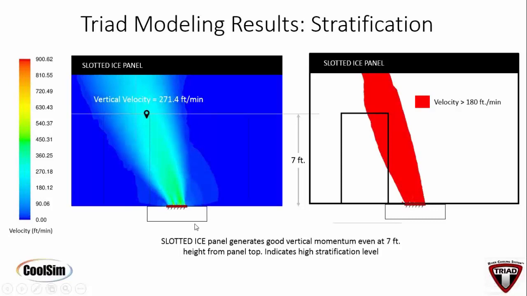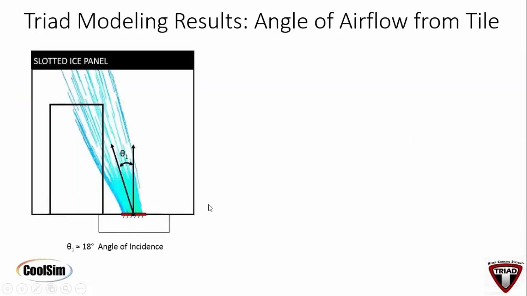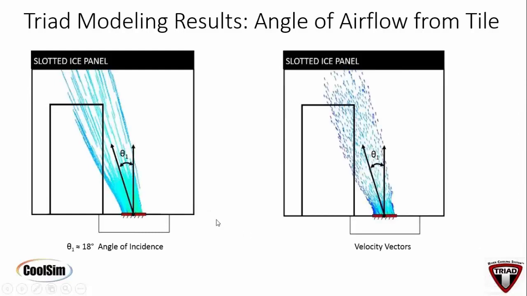So it looked pretty good here, and it looked very much like what Gary was seeing. There was also an angle to the flow of about 18 degrees. You can look at it from just a flow point of view or from a velocity vector point of view, but we got about an 18-degree angle of incidence towards the rack. So it's redirecting the flow towards the rack, and the flow here is from left to right in our tests and in his test fixture.